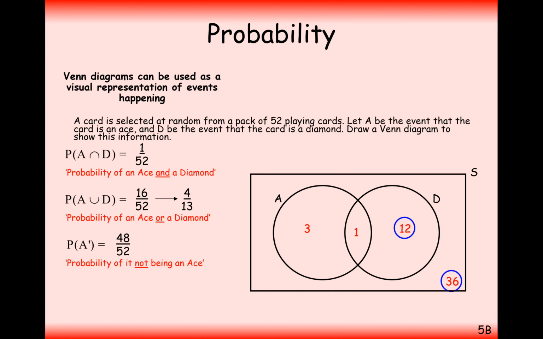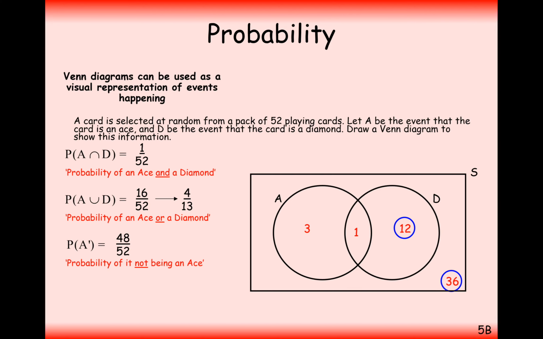Let's have a look at a slightly more difficult question here now. The probability of not an ace appearing and a diamond appearing. So thinking about it, we've picked a card, it cannot be an ace, and it also has to be a diamond. So it's any one of these 12 cards here that are not included in the ace Venn diagram circle, but are included in the diamond Venn diagram circle.